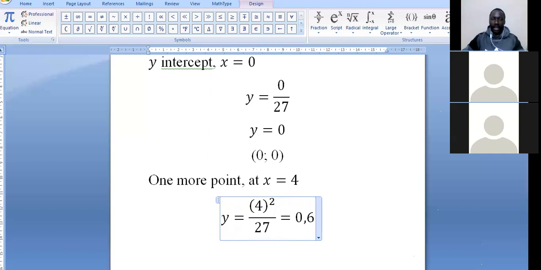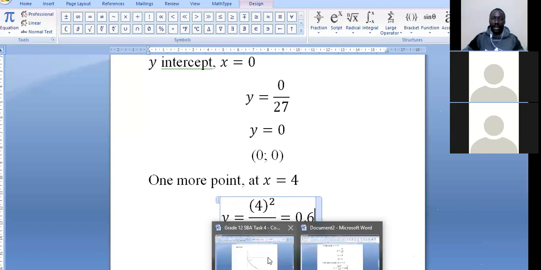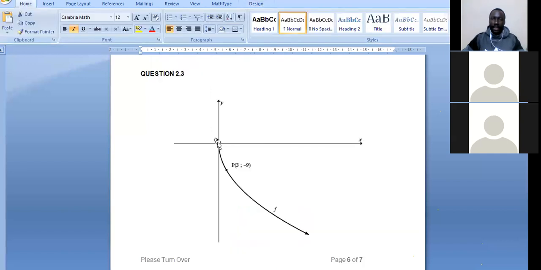So yes, now for our graph, we have seen that there is (0, 0). As I told you, the earlier picture is very important: the inverse function f is a reflection along the line y equals x.